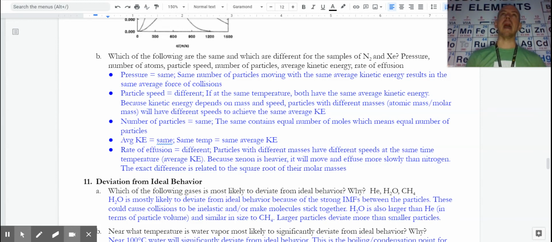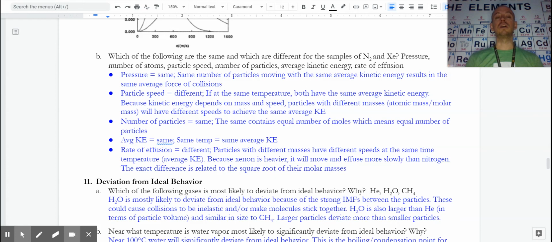And we could even look at the masses to specifically see this different rate. It is an inverse square root relationship in terms of mass and rate of effusion. It is not something that we would likely have to do a calculation on, but it is something we could do a good estimation on, how much faster one thing would be than another. With our molar mass of 131, the square root of that is around 12, a molar mass of nitrogen of 28, the square root of that's around 6.